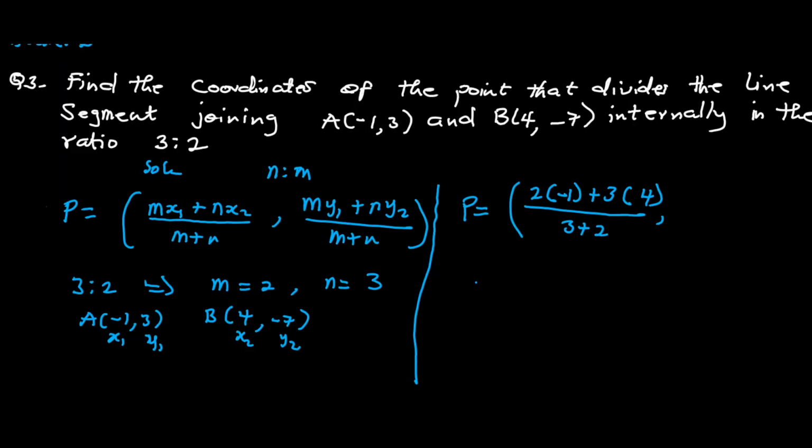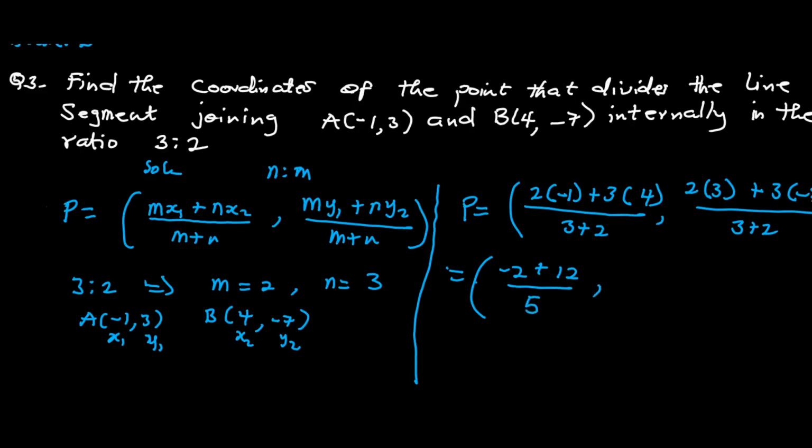Then on the other hand, we have 2 multiplying y1, which is 3, and then plus 3 multiplying y2, which is -7, all over 3 plus 2. So this is what we have. Now we can simplify this: 2 times -1 will give us -2, and plus this one will give us 12, and that will be over 5.